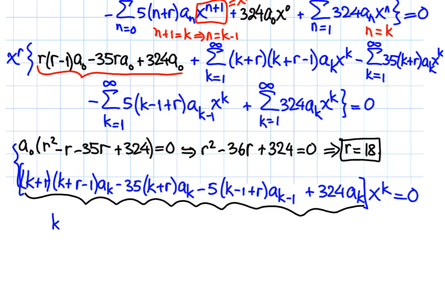R is 18, so k plus 18. R is 18 minus 1 is 17, so k plus 17, a sub k, minus 35.